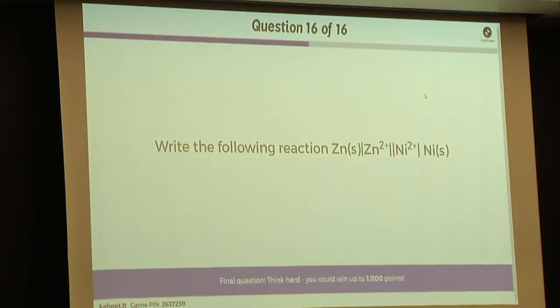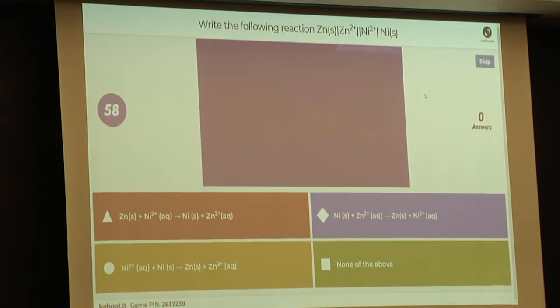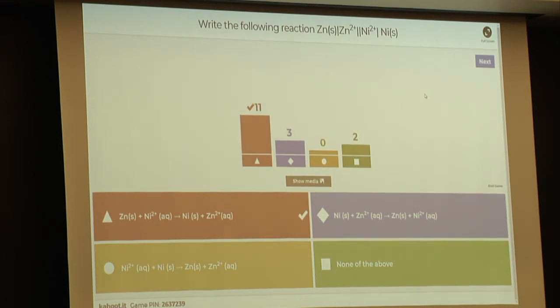Okay, so write the following reaction in electrochemical cell notation. Okay, great job.